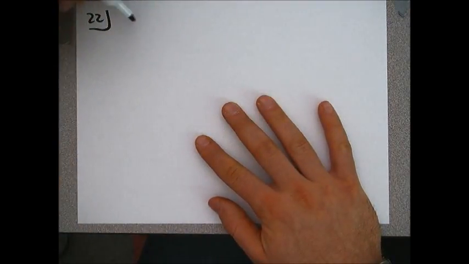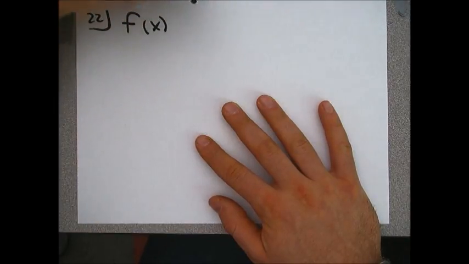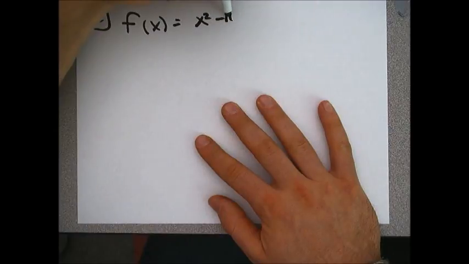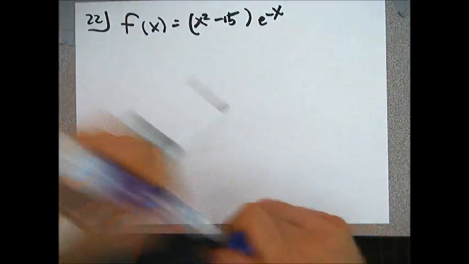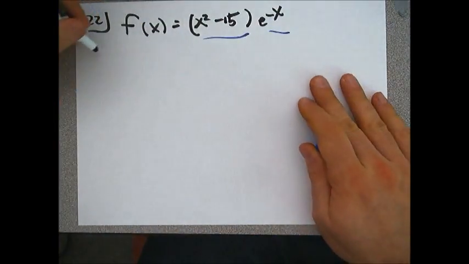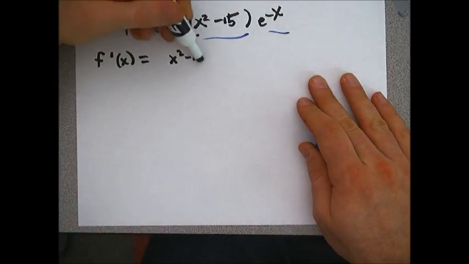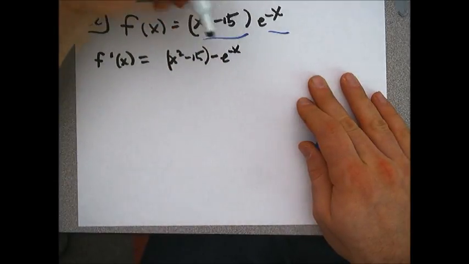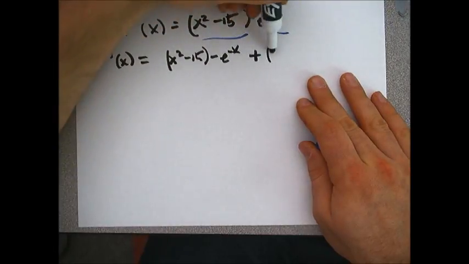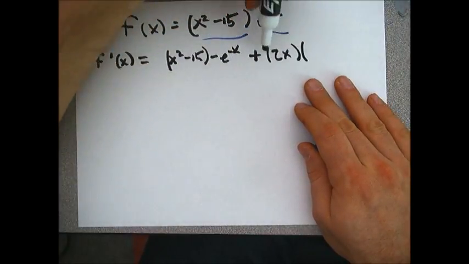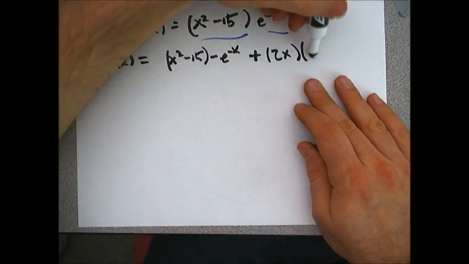All right, number 22. You want to find where this function is increasing. So f of x is equal to x squared minus 15 times e to the negative x. Underline them, product rule. We want to find out where it's increasing, so we need to set the derivative to 0. This is first times the derivative of the second plus the second times the derivative of the first, and then e to the negative x.